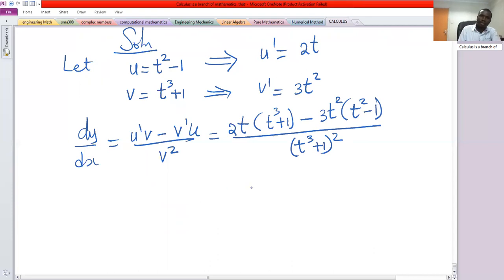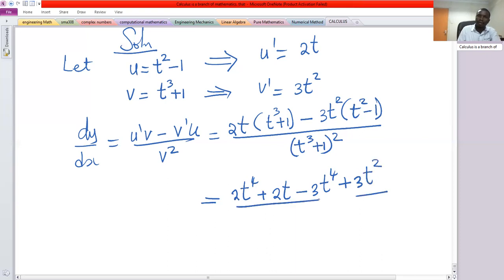I can simplify this one as 2t power 4 plus 2t minus 3t power 4 plus 3t squared divided by, this is not a very hard expression to expand, so this is the same as t cubed squared plus 1 squared is just 1 plus twice t cubed.